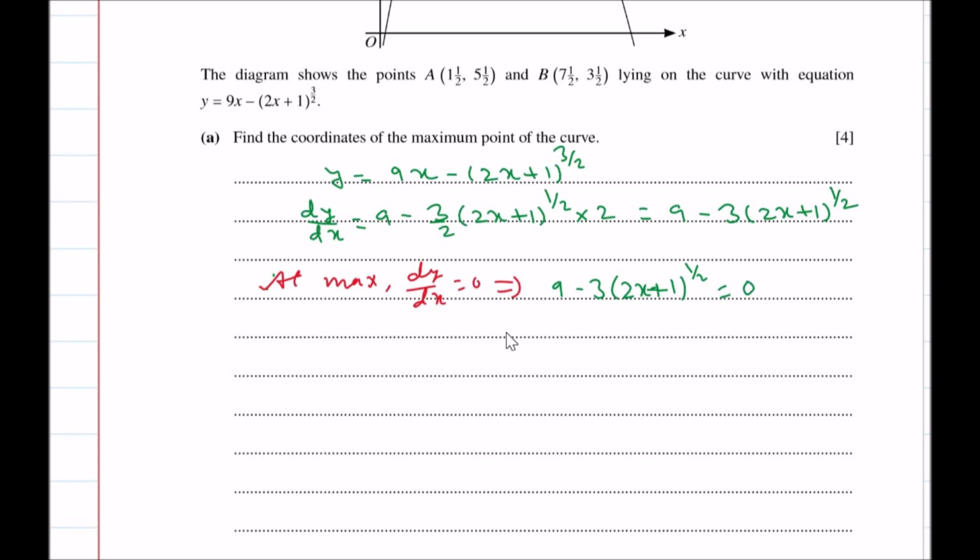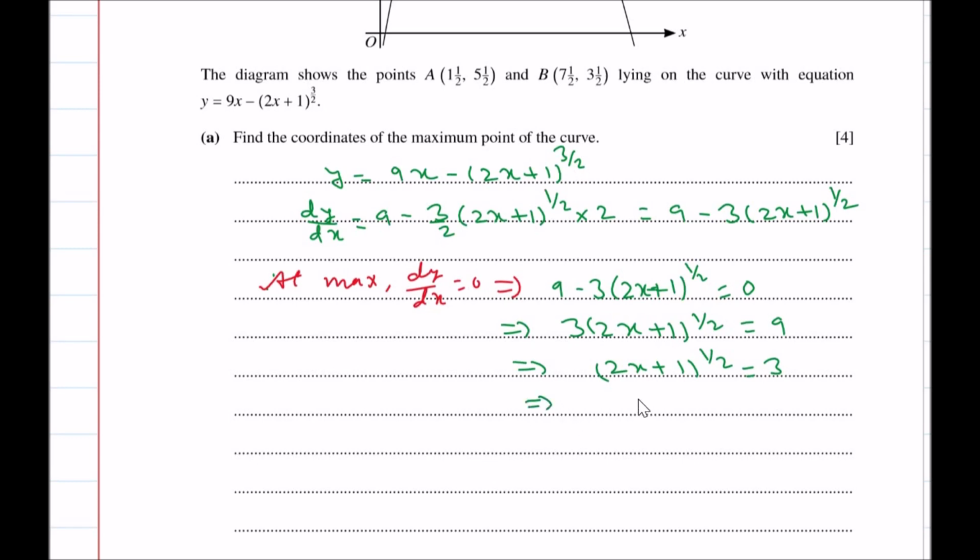So we can write this as 3 times 2x plus 1 to the power half is equal to 9. This implies that 2x plus 1 to the power half, if you divide 9 by 3, it becomes 3, right?